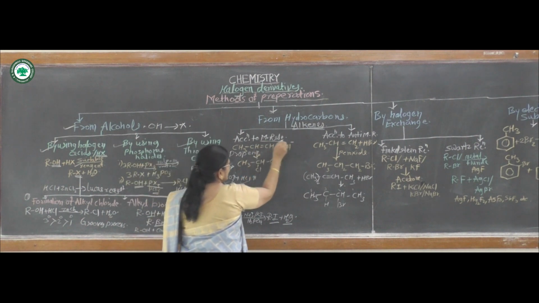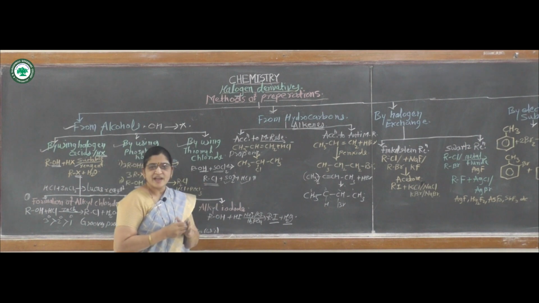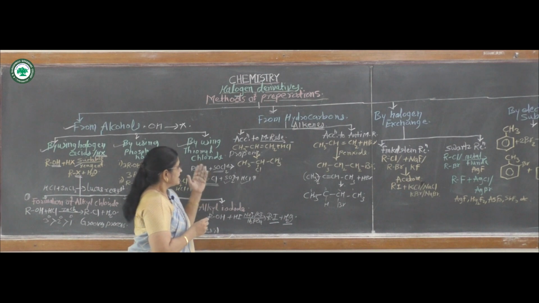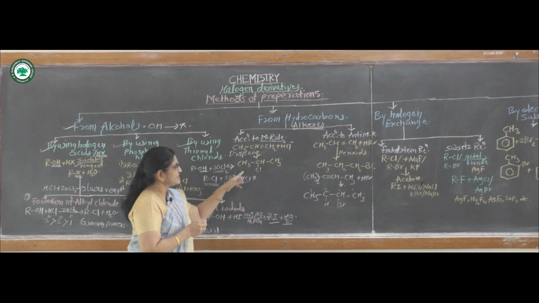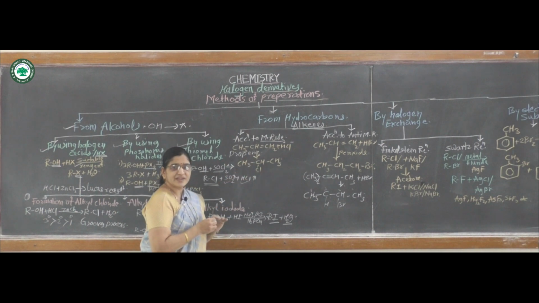This rule we have studied in 11th standard, Markovnikov's rule and anti-Markovnikov's rule. The statement of this rule is: in addition of an unsymmetrical reagent to an unsymmetrical alkene, the negative part of the reagent gets attached to that carbon atom which carries less number of hydrogen atoms, and the positive part gets attached to that carbon atom which carries more number of hydrogen atoms.